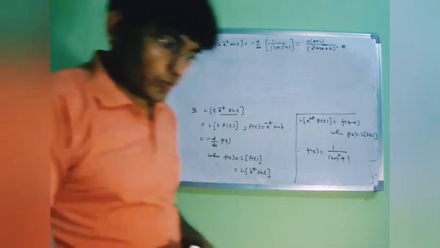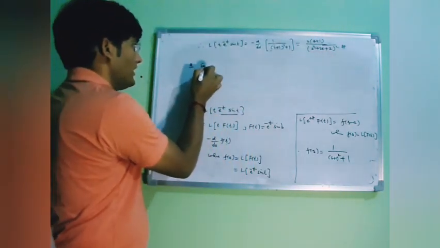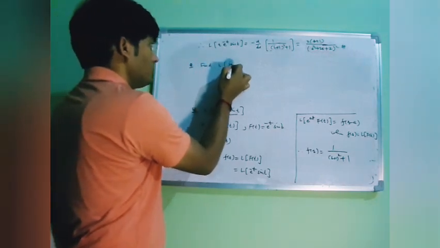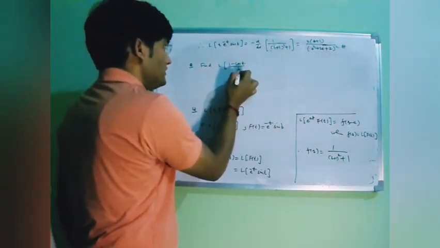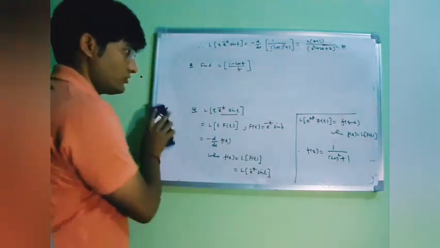So now let us start with the next question: find the Laplace of (1 minus cos t) upon t. So let us evaluate the Laplace of (1 minus cos t) upon t.